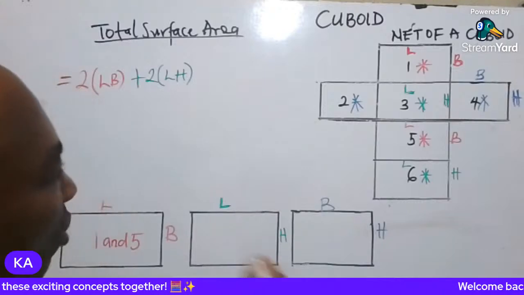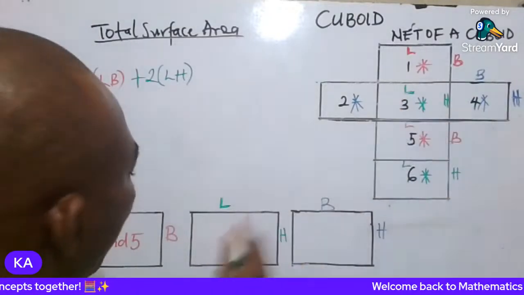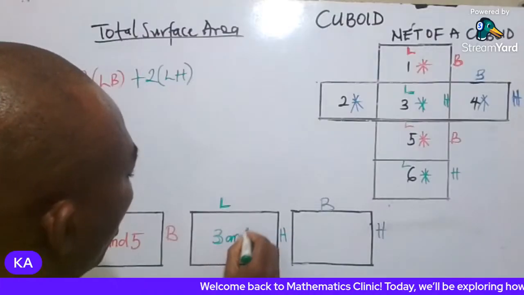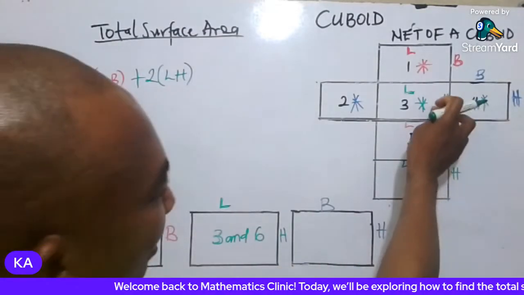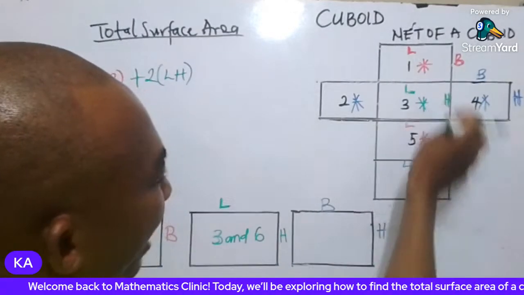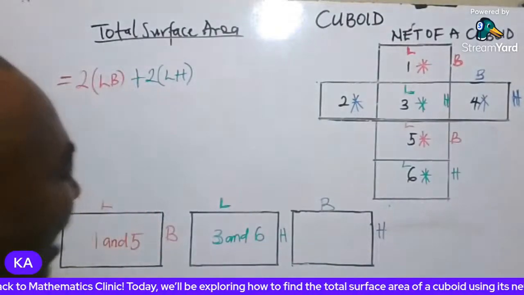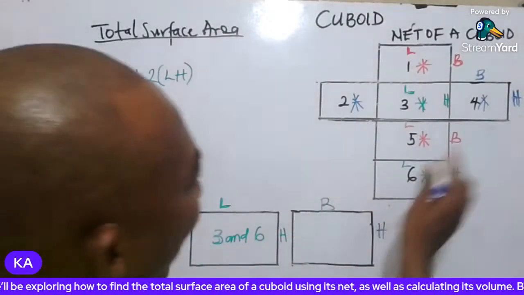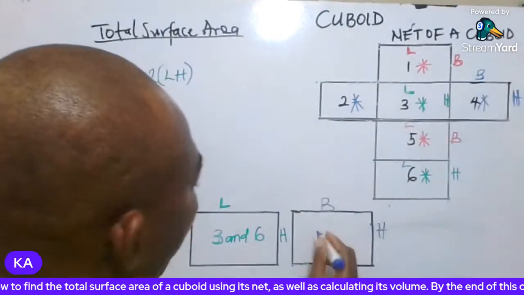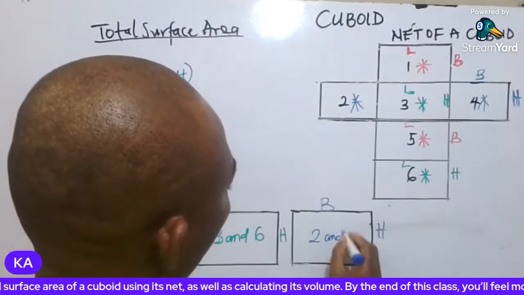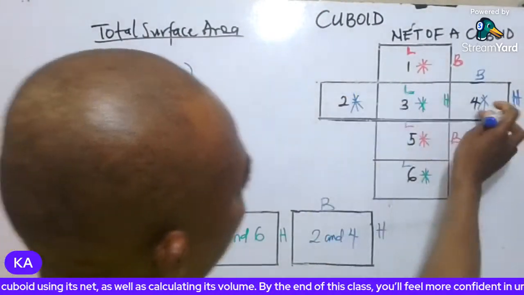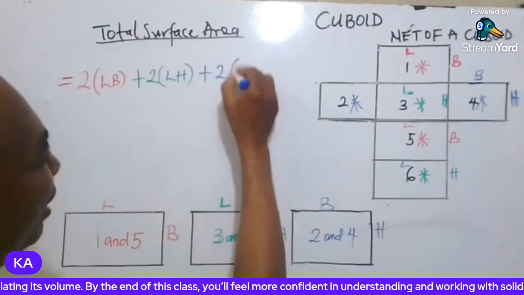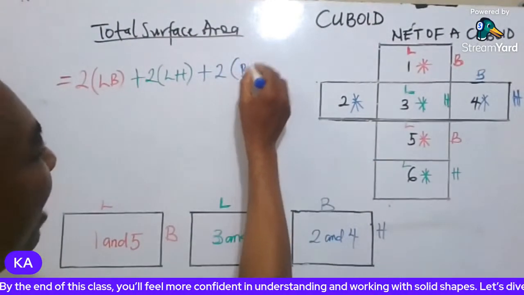This one now is, look at this, face 3 and face 6. Now let's move to the last one, which is breadth and height, face 2 and face 4. That's plus 2 into breadth and height.